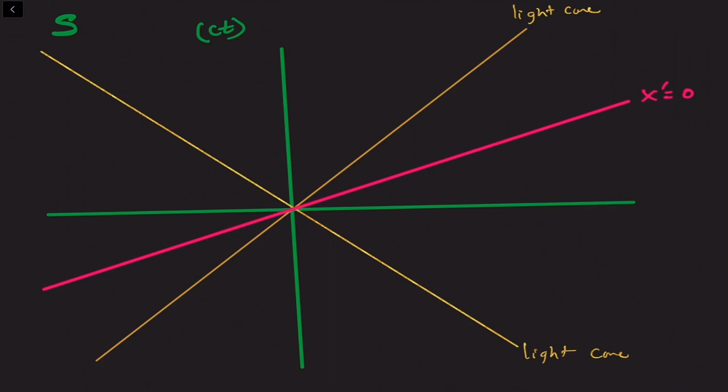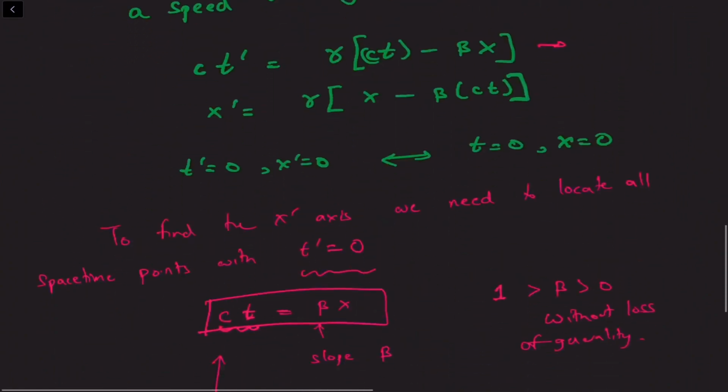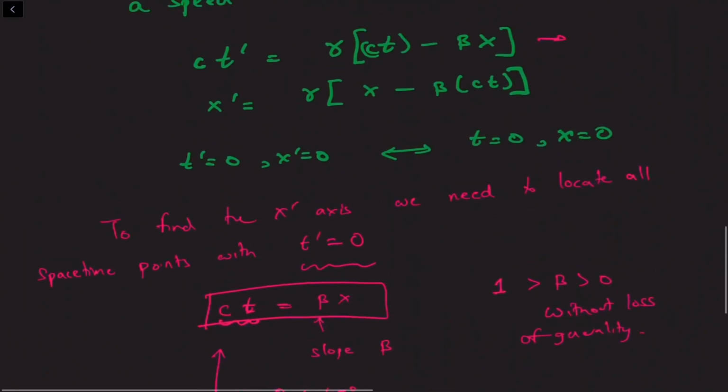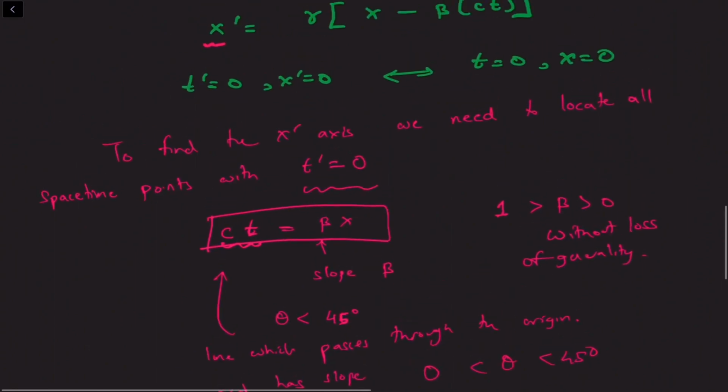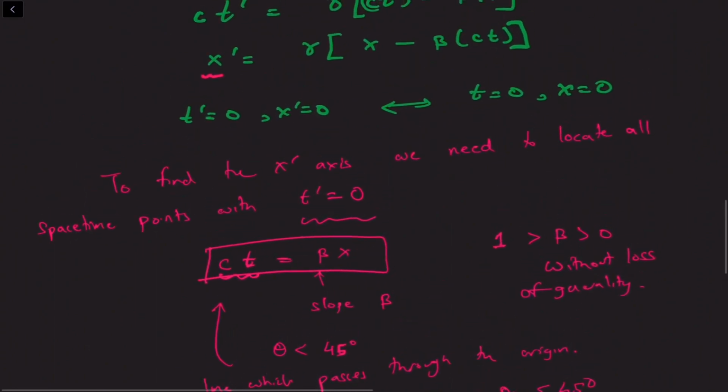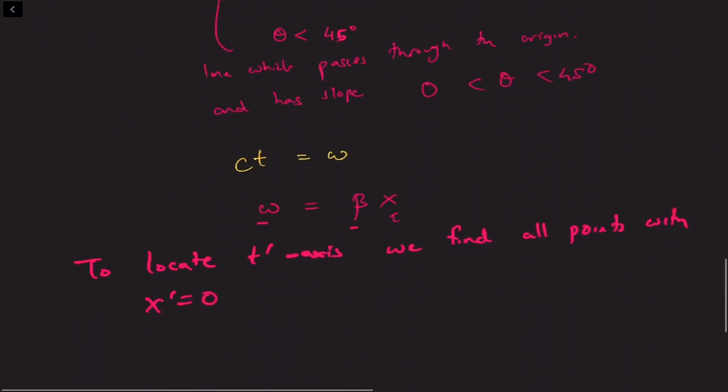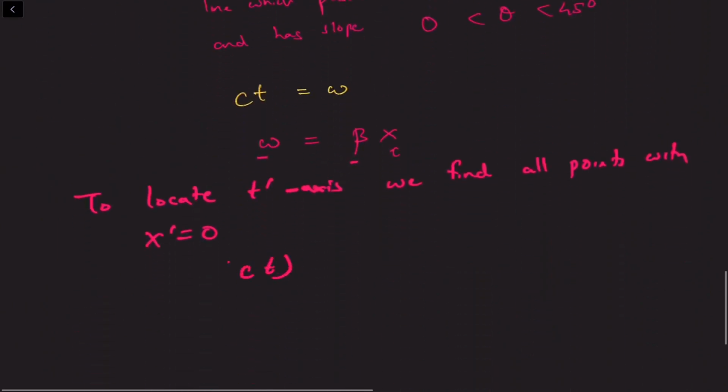Now similarly, we can locate our t prime axis by finding all points with x prime equal to 0. Those points would be the ones for which x is equal to beta times ct, or equivalently, the points for which ct is 1 by beta times x.